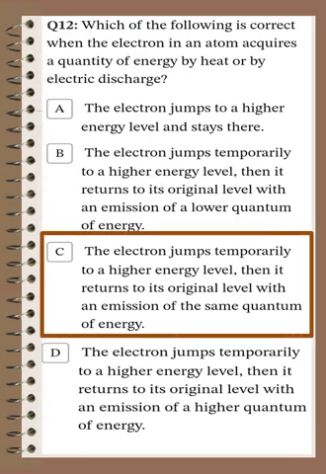We will discuss it. The electron jumps temporarily to a higher energy level, then it returns to its original level with emission of the same quantum of energy. What is the difference between A, B, and C? Here we have the first one, here we have lower, and here we have the same quantum.